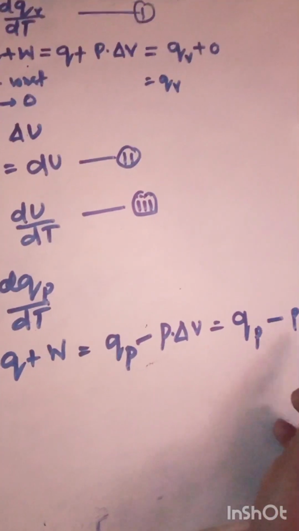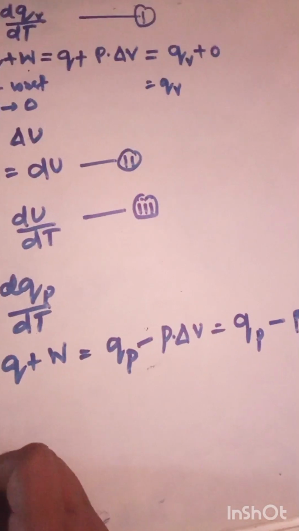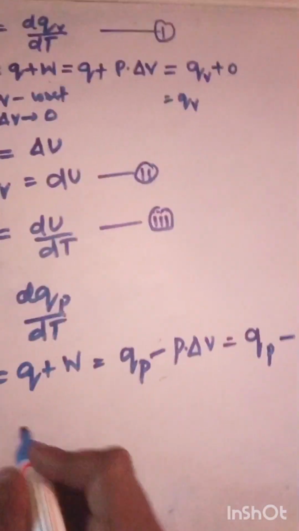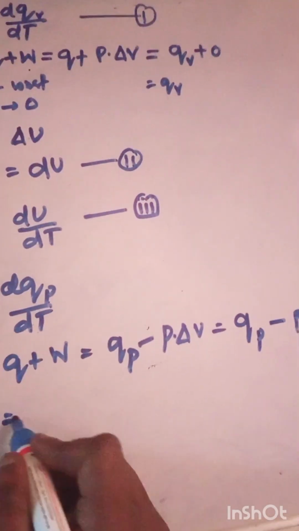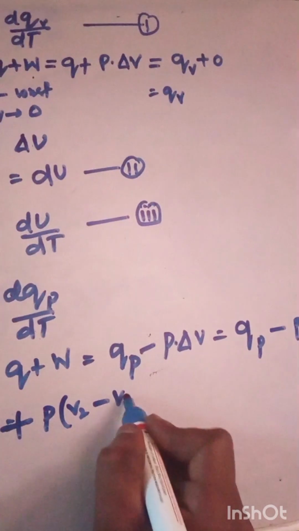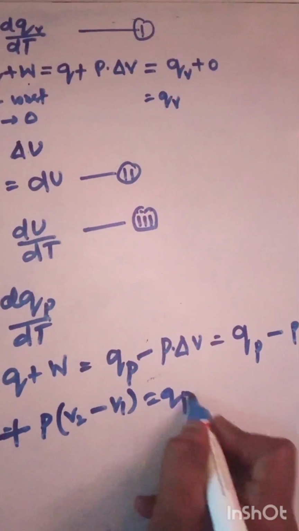Now bringing this second term to the left side, you get delta U plus P(V2 minus V1) equals Qp.